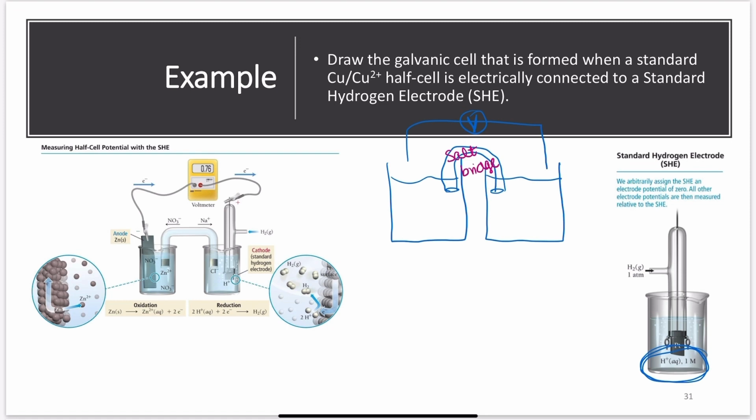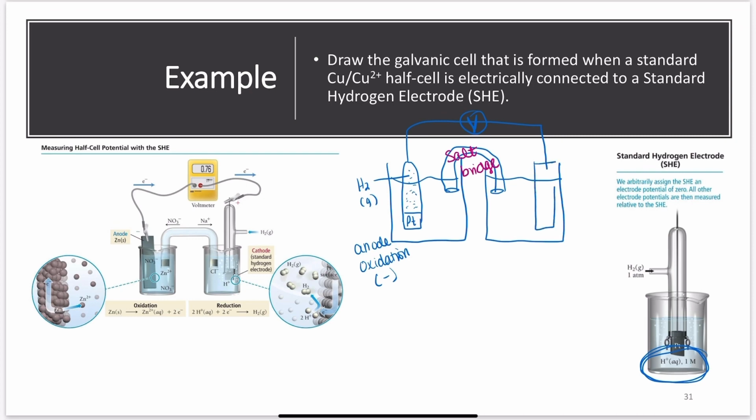This time, my hydrogen is going to be on this side. I'm going to have that piece of platinum in here with hydrogen gas bubbling through this electrode. Again, this is my anode, oxidation, and a negative charge because it's a voltaic cell.